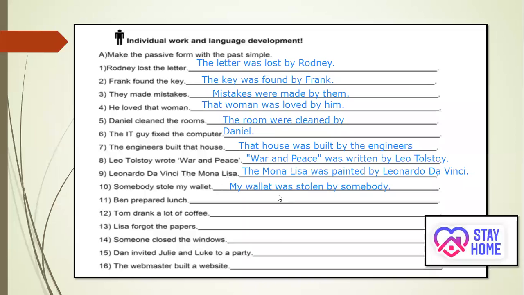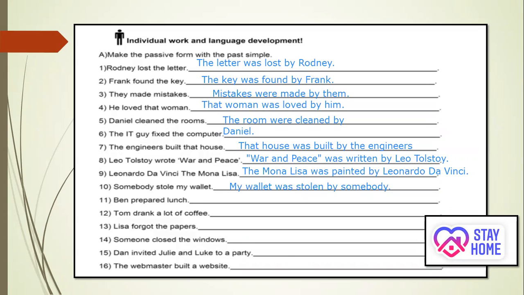You can continue doing exercises 11, 12, 13, 14, 15, and 16 on your own in order to practice. So that is what we have in this topic, right?